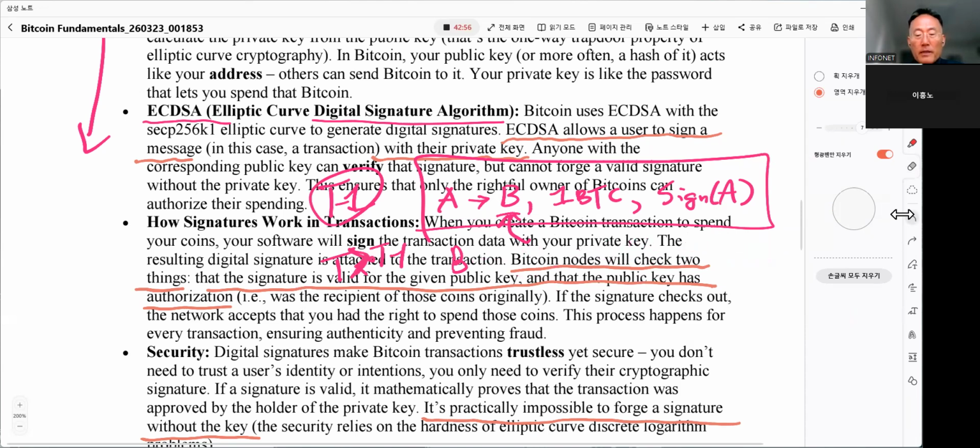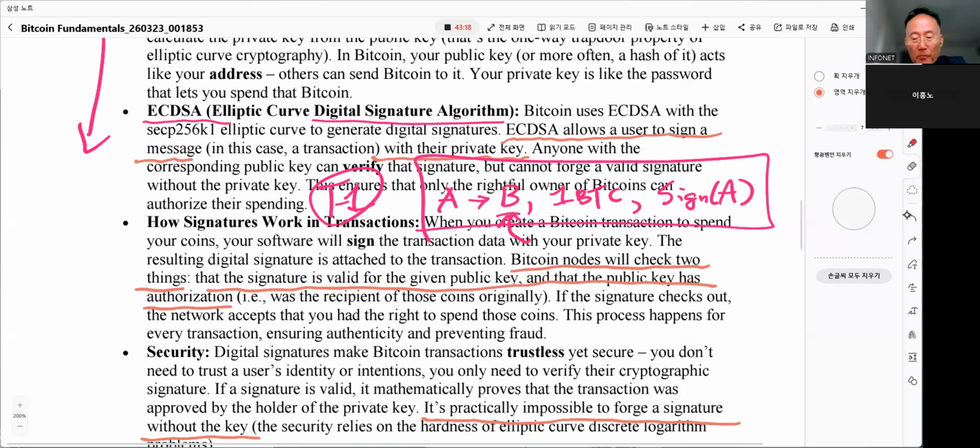All right. And then, okay. A Bitcoin node in the network will check two things: that the signature is valid for the given public key, and that the public key has authorization. Okay. So this is done through cryptography, right?